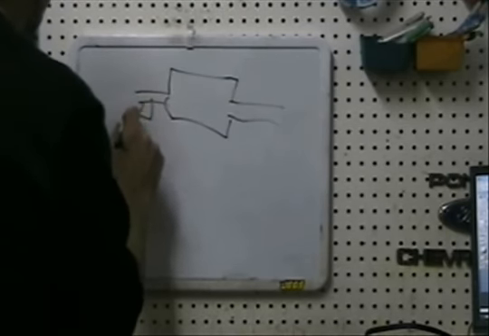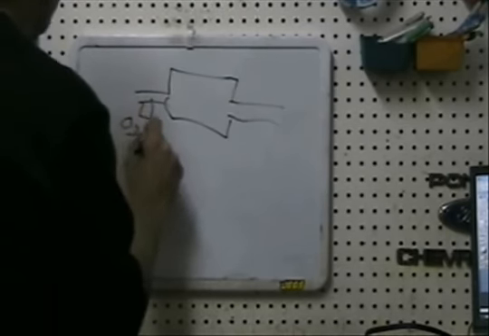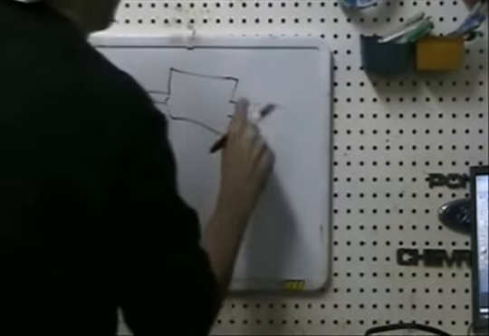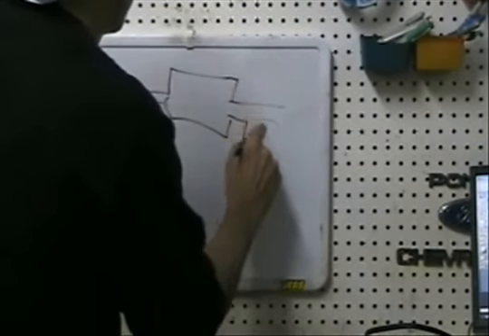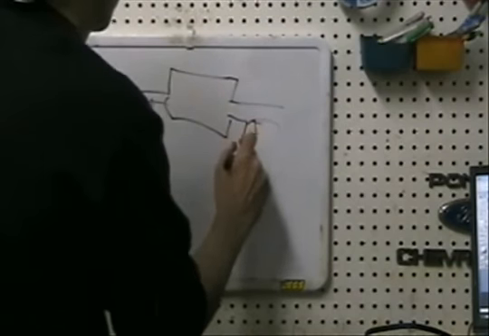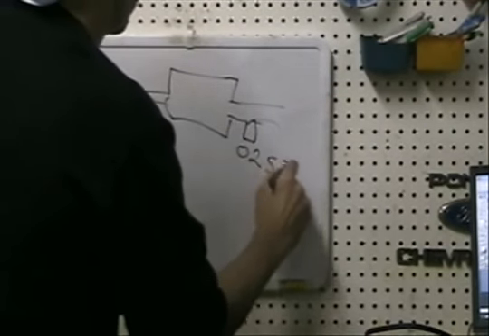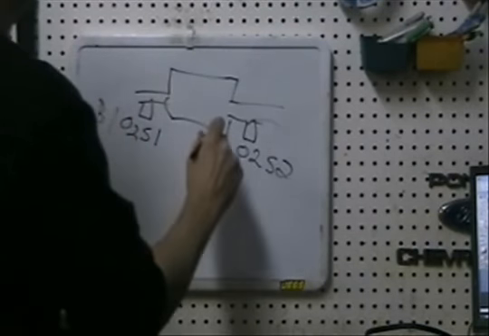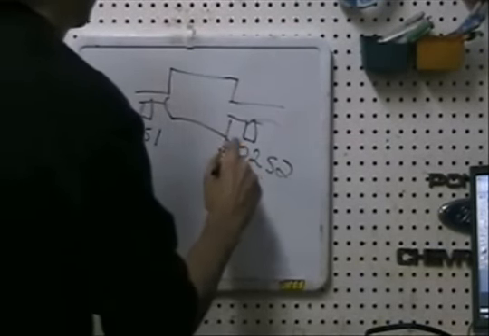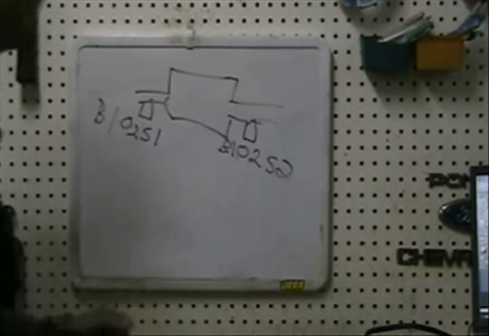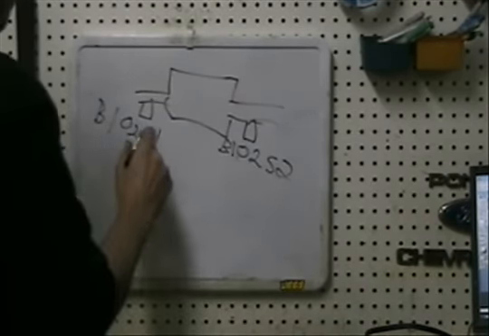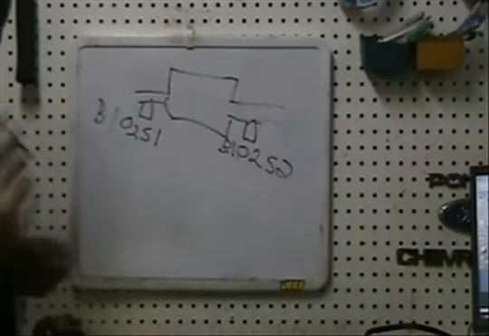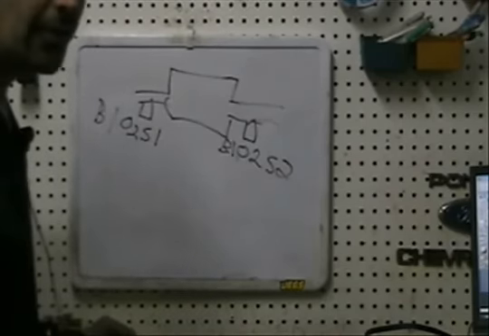You're going to have O2 sensor 1, and then you will have one after the cat. That will be your O2 sensor 2. This one will be either bank 1 or bank 2, and of course we need to look at the corresponding one. Since this is only a 4-banger, we've only got one bank, so both these sensors are going to be bank 1.